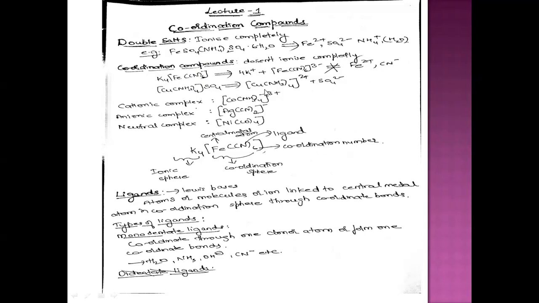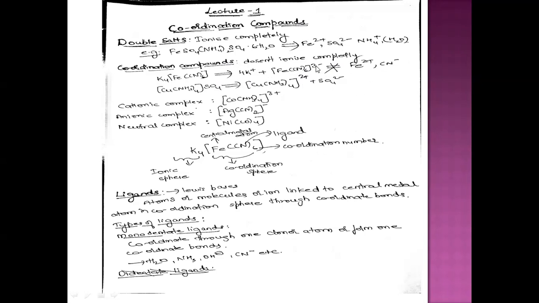The potassium will come out as 4 K+, that is 4 potassium ions, and [Fe(CN)6] as a whole comes out. You see here in a square bracket, you have a central metal ion Fe and 6 cyanide ions, and the whole charge is written as 3-. So you have got K+ ions and the ferricyanide ion.